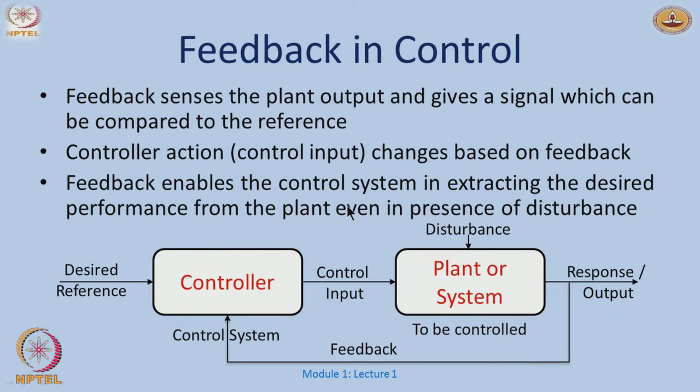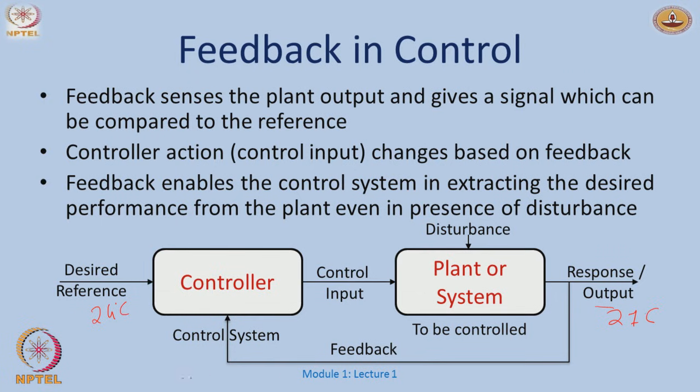Okay? And therefore, we need what is called feedback in control. So, what does the feedback do? This feedback essentially senses the output and gives a signal which can be compared to the reference. Say the reference is 24 degrees, if I talk of an air conditioner, and the output is 27 degrees.